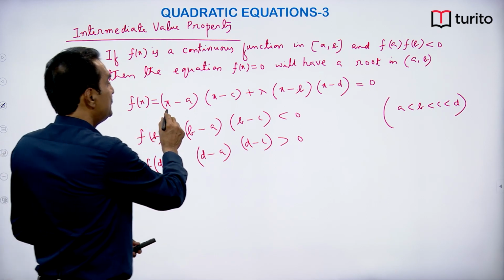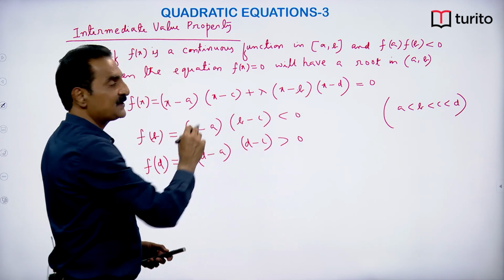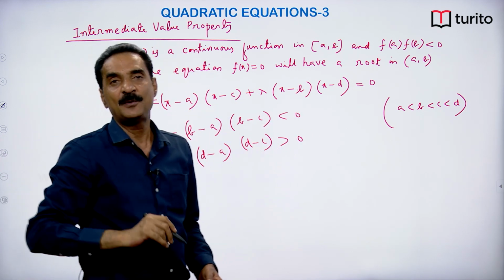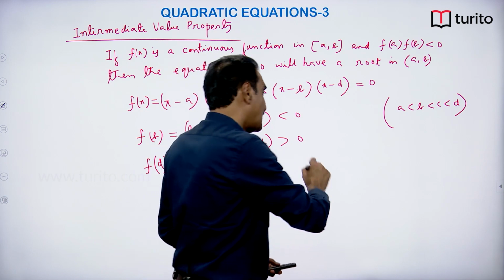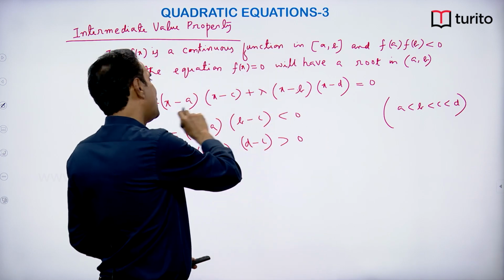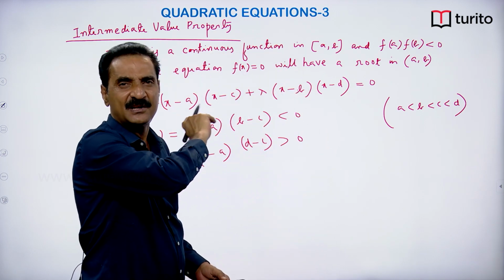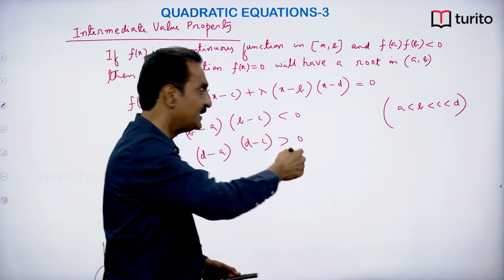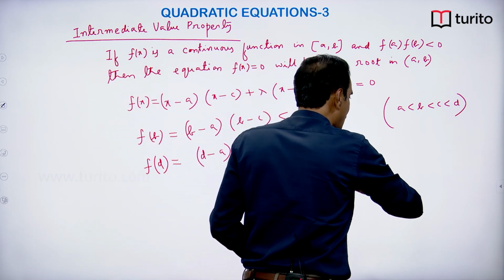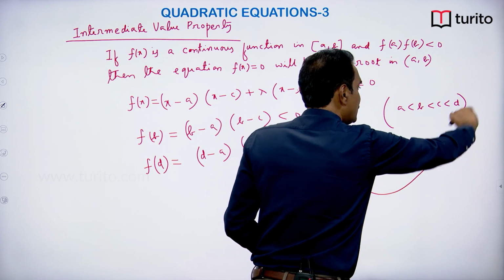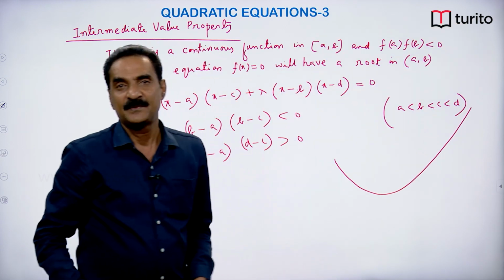And this is a polynomial function. The graph of a polynomial function will be continuous because it is continuously defined. You can substitute x continuously from minus infinity to plus infinity. The graph will be whatever it is, continuously defined.